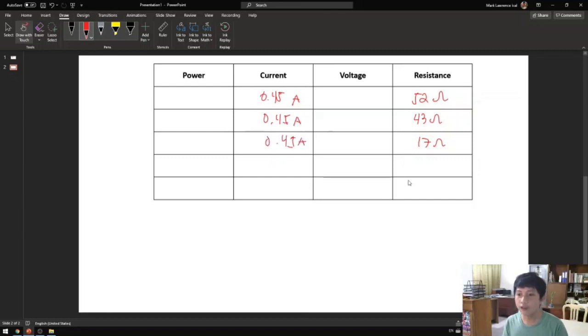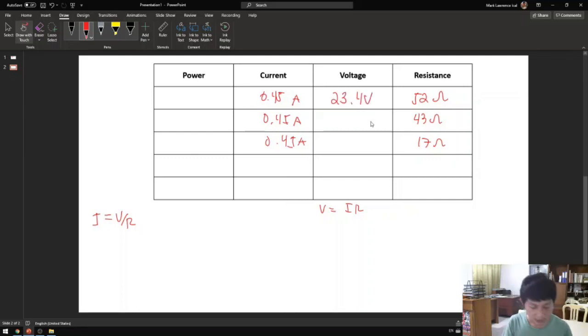Now it's time for us to determine the voltage and the power. Remember, I is equal to V over R. So when we talk about voltage, our formula is V equals IR, current times resistance. Current is 0.45 times 52, so this is 23.4 volts.